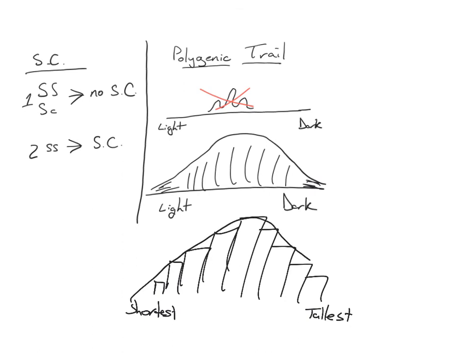The reason we have this distribution is there's more than one gene. This is called multigenic inheritance.